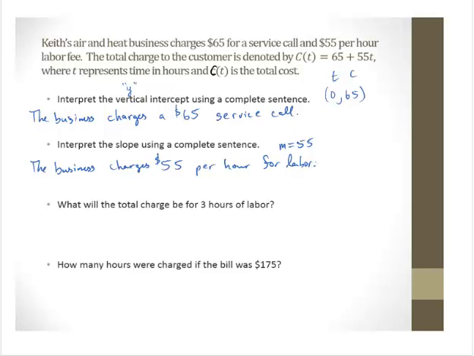What will the total charge be for 3 hours of labor? Well, then 3 hours of labor, t equals 3. So then C of 3, what is the cost after 3 hours? Would be 65 plus 55 by 3. Evaluating this expression, I'm using a calculator off on the side here, gives 230.